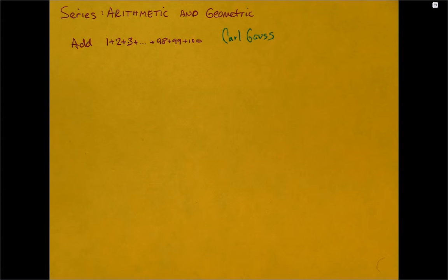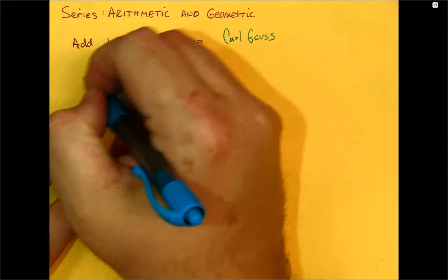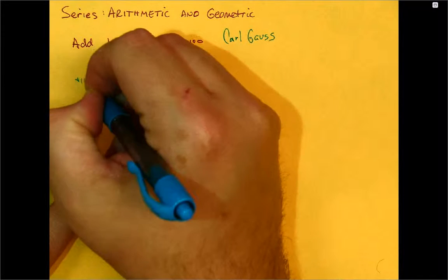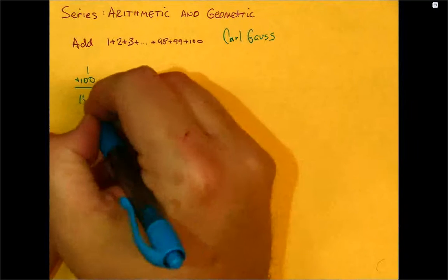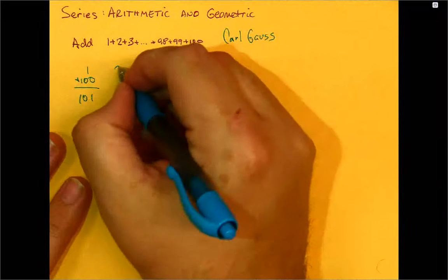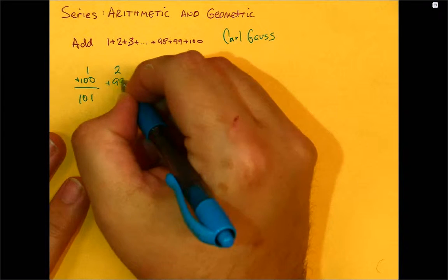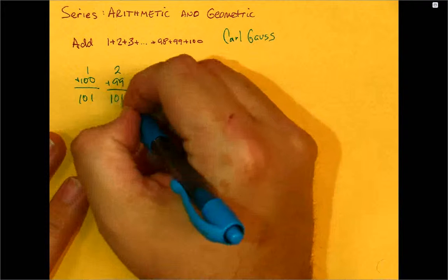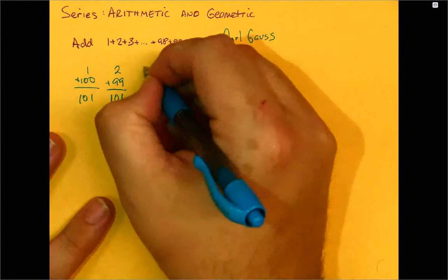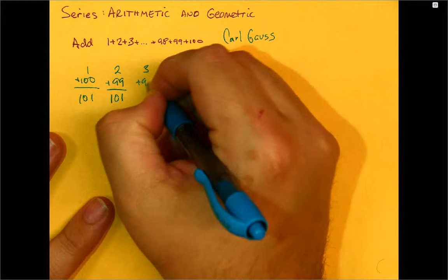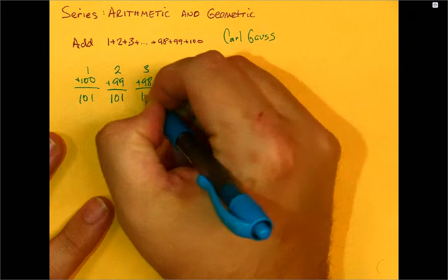And this is what he figured out. He said, all right, well, what's 1 plus 100? 101. What's 2 plus 99? 101. What's 3 plus 98? 101.